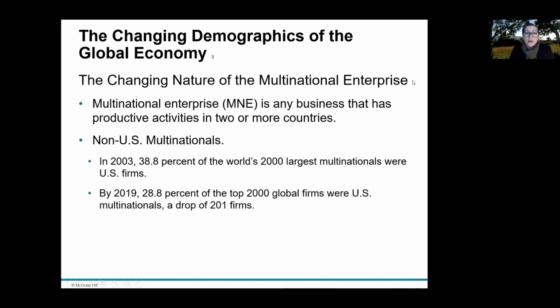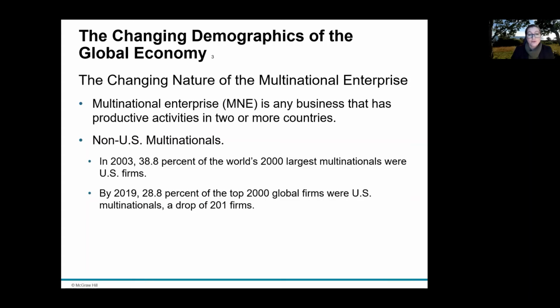So what we end up with is this changing story for multinational organizations, especially with regards to non-American multinational organizations. So in 2003, 38.8% of the world's 2,000 largest multinational organizations were American. By 2019, that percentage had dropped to 28.8%.